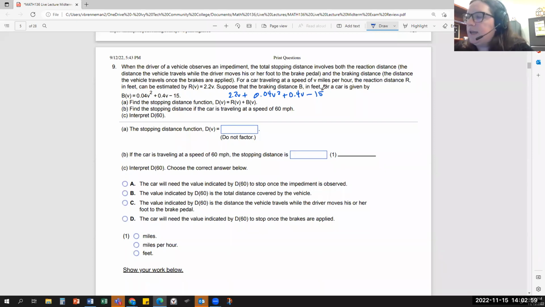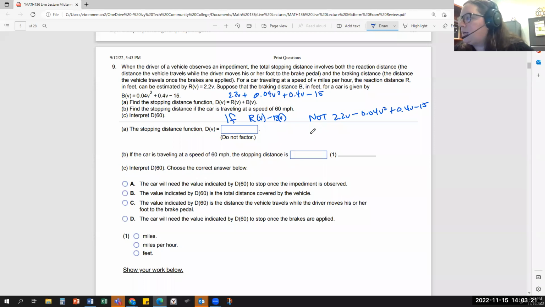Now, I want to say you have this where you're adding the two functions. If you were subtracting the two functions, then you would have to watch out that you wouldn't just take 2.2 V minus 0.04 V squared plus 0.4 V minus 15.